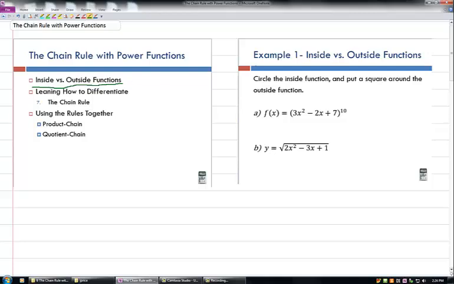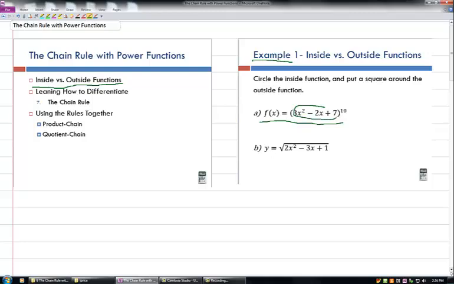And so when I look over at example 1, it says circle the inside function and put a square around the outside function. So here's my first function, f of x equals (3x squared minus 2x plus 7) all to the 10. And hopefully when I ask you where the inside function is, you say it's right here on the inside.